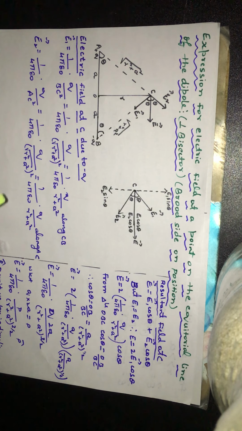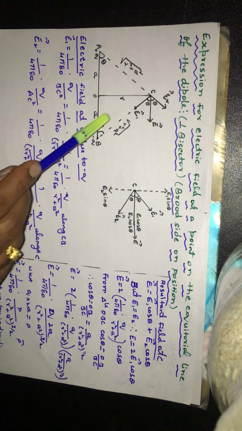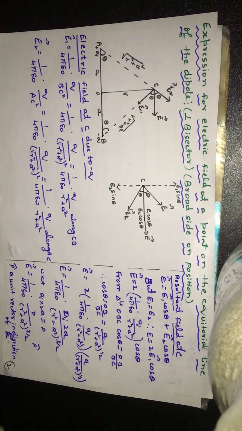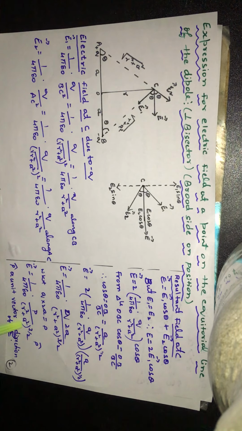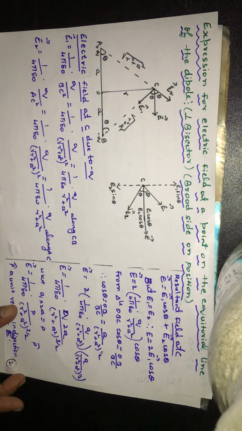So for a short dipole, again, you know what is a short dipole. A short dipole is one in which case r will be much greater than a. So for a short dipole, r is much greater than a, so a will be neglected in this expression. So 1 by 4 pi epsilon naught into p by r square to the power of 3 by 2.